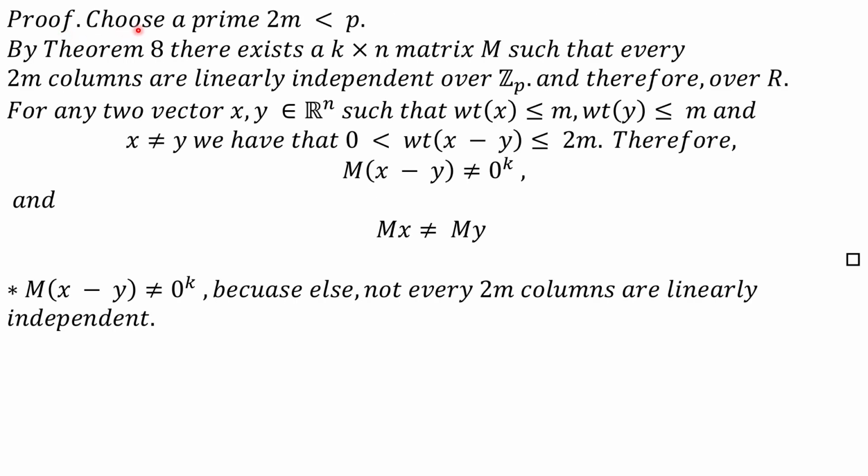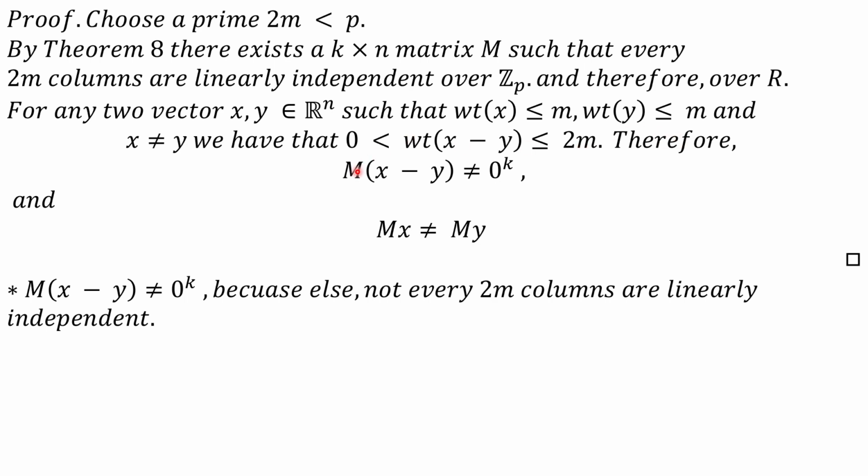Proof. Choose a prime p greater than 2m. By theorem 8, there exists a k by n matrix M such that every 2m columns are linearly independent over Zp and therefore over R. For any two vectors x, y such that the weight of x is less than or equal to m and the weight of y is less than or equal to m and x is not equal to y, so they are different vectors, the weight of x minus y is between 0 and 2m, at most 2m nonzero entries.